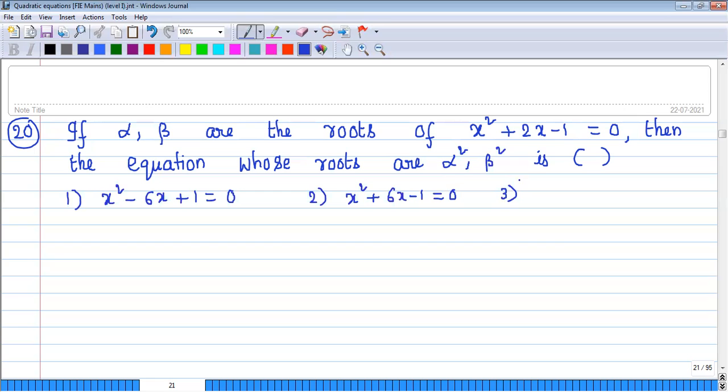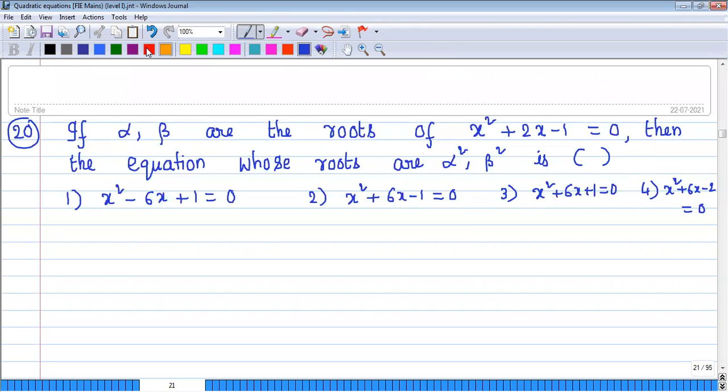Third, x square plus 6x plus 1 equals 0. Fourth option is x square plus 6x minus 2 equals 0.